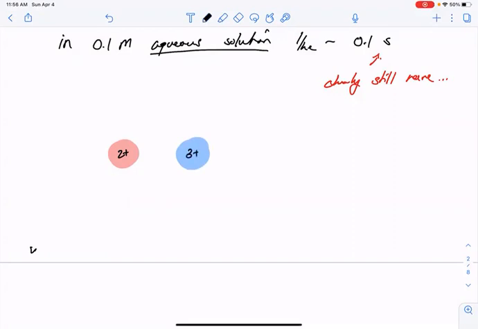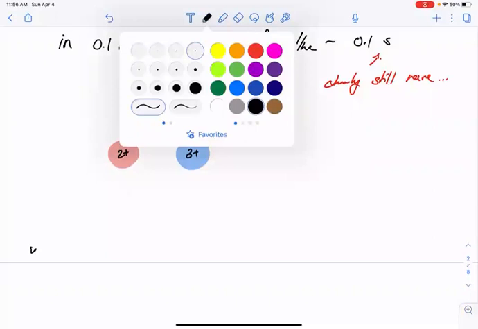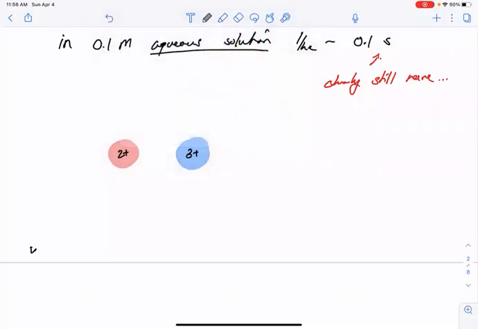All right, well, first, that 2+ has an electron, which we all know now you can think about as a path. So there's the path.